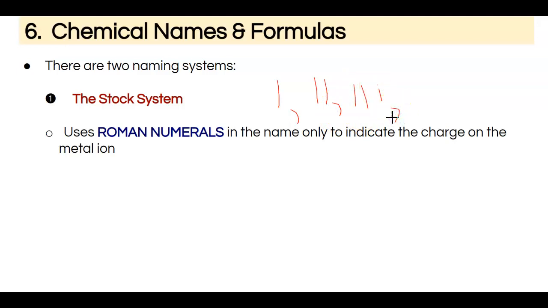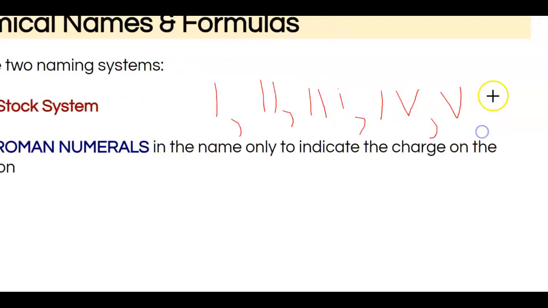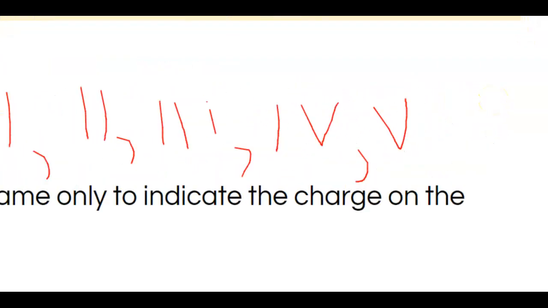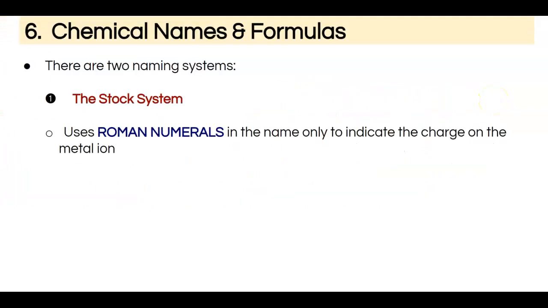A 4 is not 4 sticks. A 4 looks like this. And a 5 like this. And I'm going to go up to 6. So going up to 6 would be the VI. Okay, so those are the Roman numerals in case that never came up.